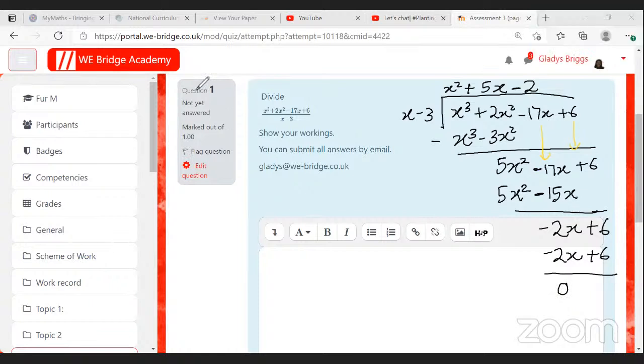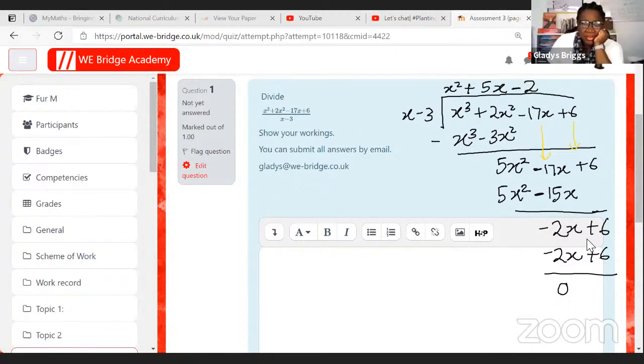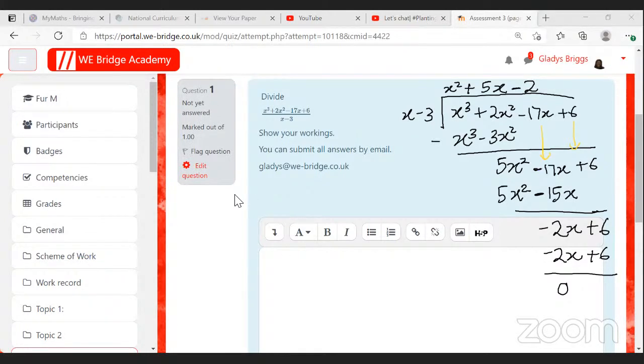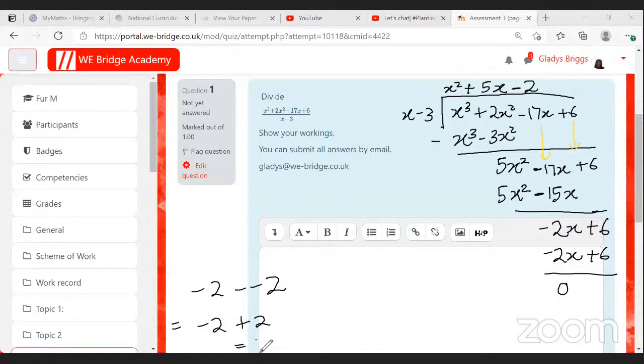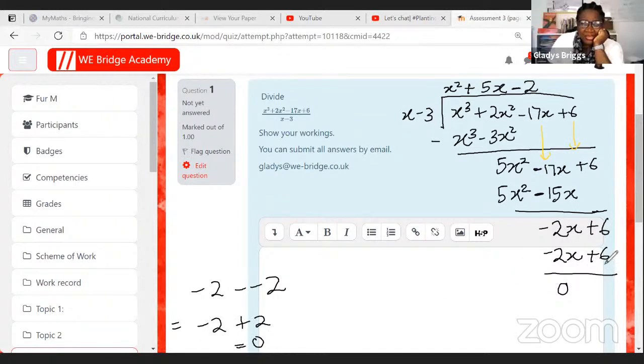Miss, how do negative 2 and negative 2 equal 0? Minus 2 minus minus 2 is equal to minus 2 plus 2, which is equal to 0. Okay? And then 6 minus 6 is 0. So you have 0 on the bottom here.